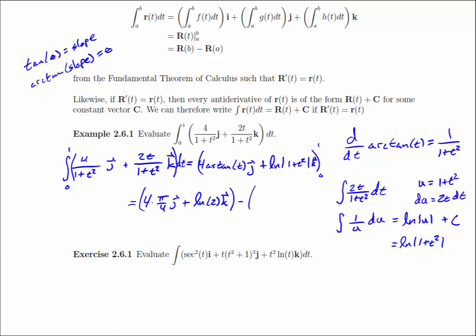If a slope is 0, my angle is 0, so we get 0 in the j direction plus the natural log of 1 in the k direction, and we'll remember that the natural log of 1, or the log base anything of 1, is 0, saying e to the what equals 1, and so our answer here should be 0. So in total, I get pi in the j direction, and then this is 0, so we have just plus natural log of 2 in the k direction.